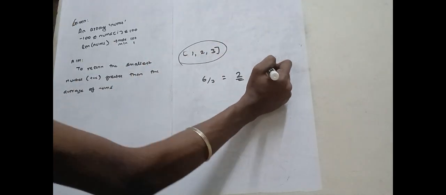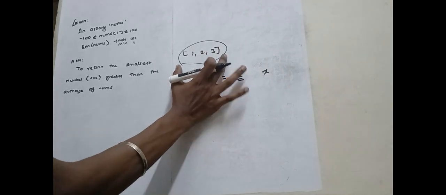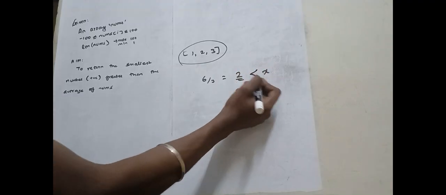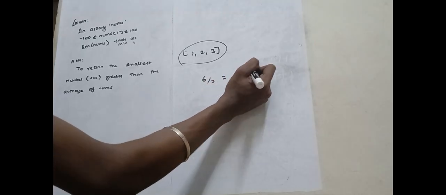The size of the array is 3, so 6 by 3, the average is 2. Now let's say our answer is x. This x is the smallest positive integer that is strictly greater than the average, so 2 cannot be equal to x. It should be at minimum 3.